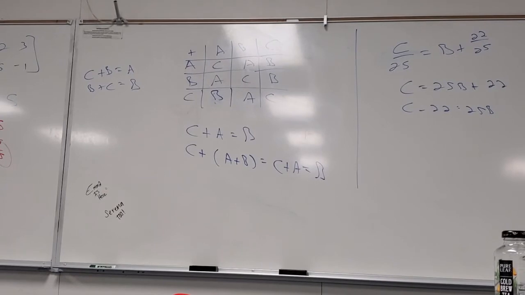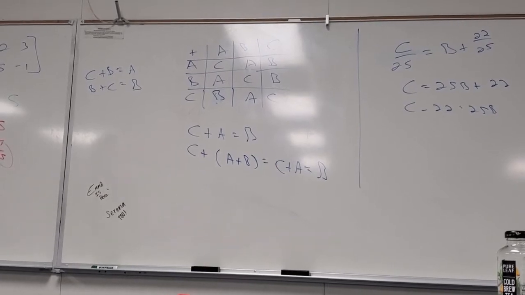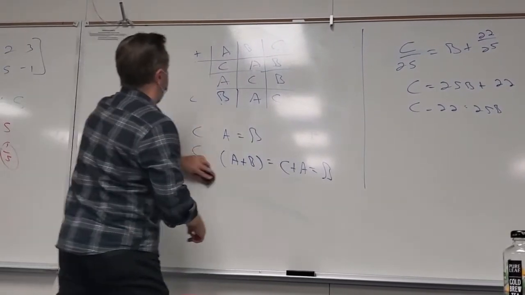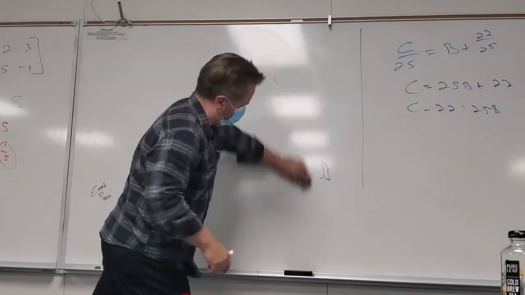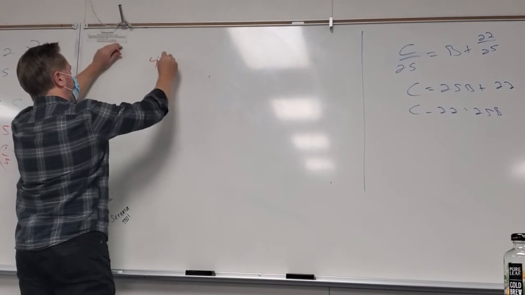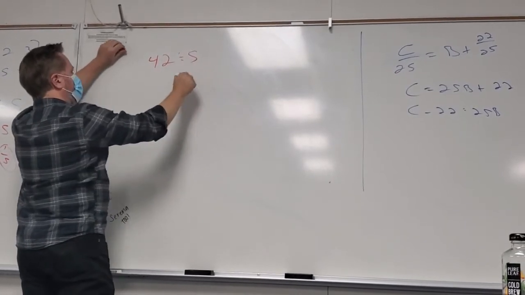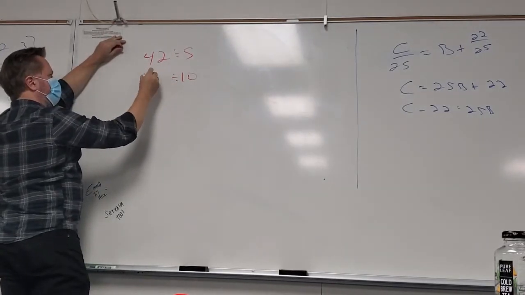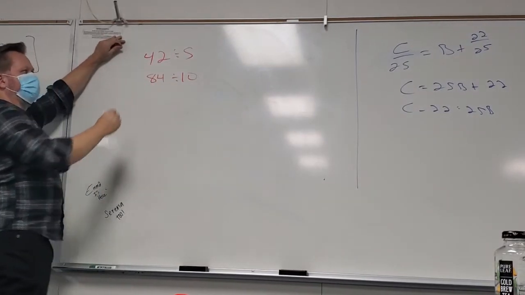Isn't it easy to divide by 10? Yes. Okay. So for example, if I had to do 42 divided by 5, if I double 5, it becomes 10. I better double this at the same time.